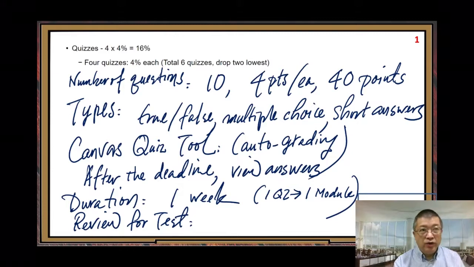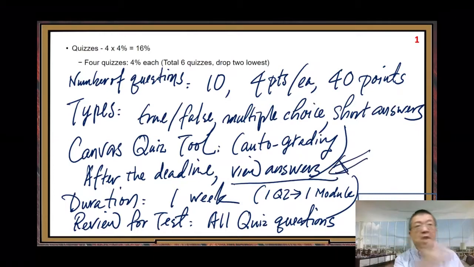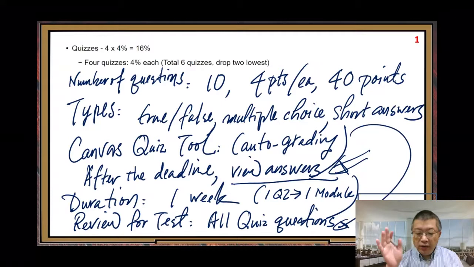All the quiz questions will be explained in the review session. So you do not need to worry about it, because if you only look at the answers, you may not understand why. You need more explanation. So don't worry, explanation will be given in the review session. All right, so that's the quiz item.